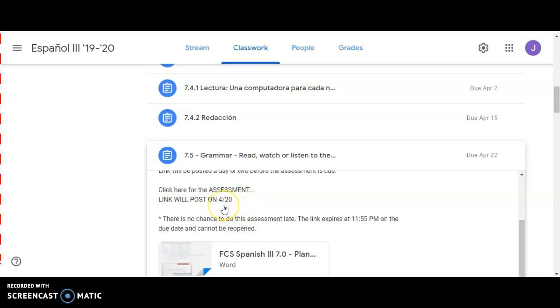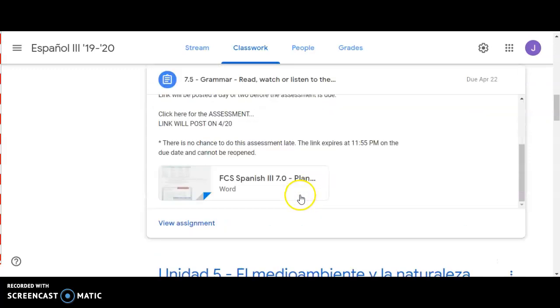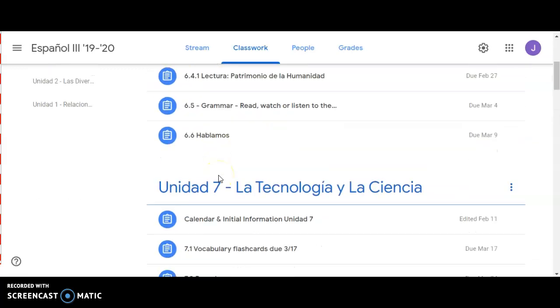And again, this one you can only take one time. And if you miss the window, it will not be reopened. The final exam will replace your lowest 0.5 score. So if you miss the window, then your final would replace one of these 0.5 grades. And that's all I have for this particular unit.